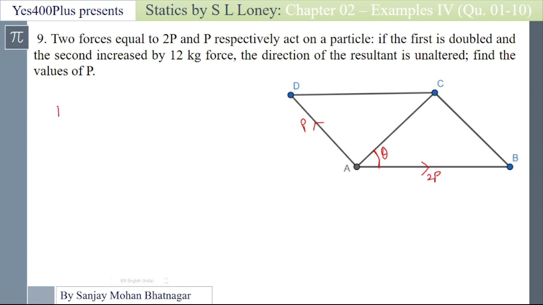Now we know that tan theta is equal to P sin alpha upon 2P plus P cos alpha, where alpha is the angle between the two forces.